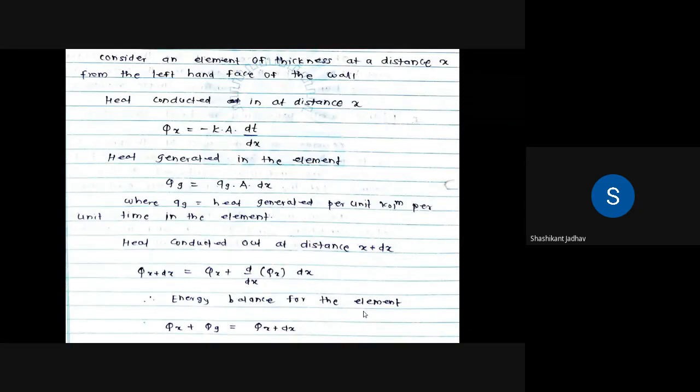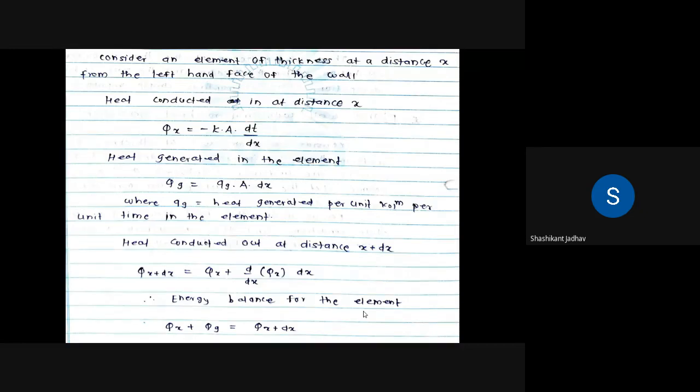This is the energy balance equation for that particular small element. How much heat came in and how much heat went out, the equation for that is nothing but the energy balance for that element.